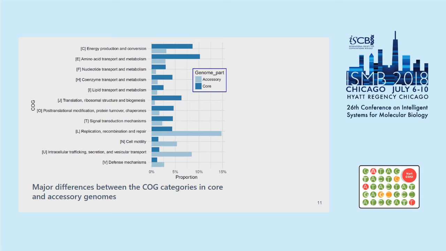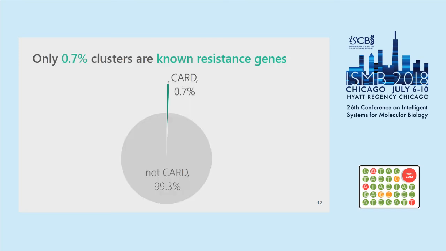And we observed that some COG categories are predominant in the core genome, and those are mostly housekeeping genes, including amino acid transport and nucleic acid transport and metabolism. And some categories are predominant in the accessory genome, and those are predominantly defense mechanisms such as DNA repair.